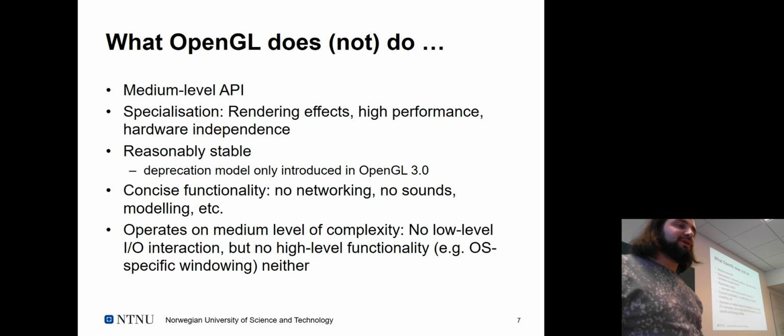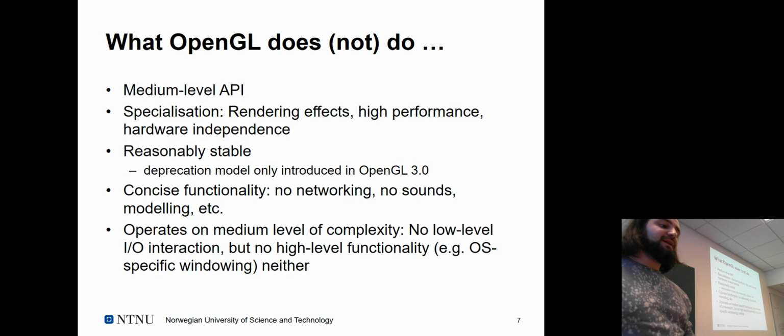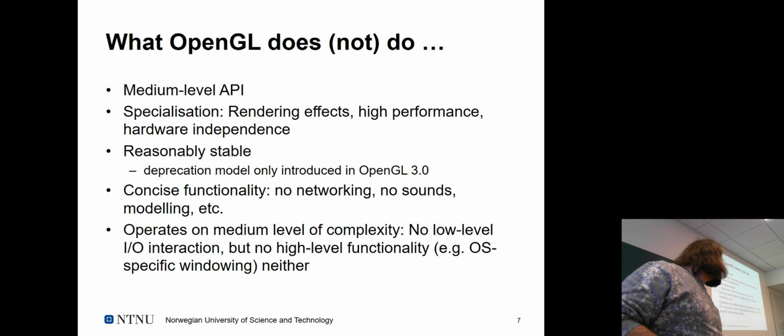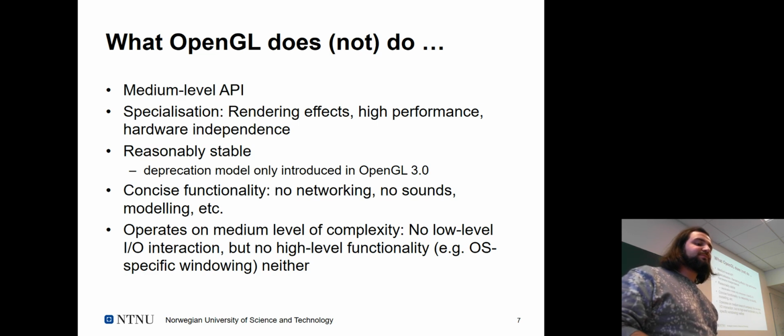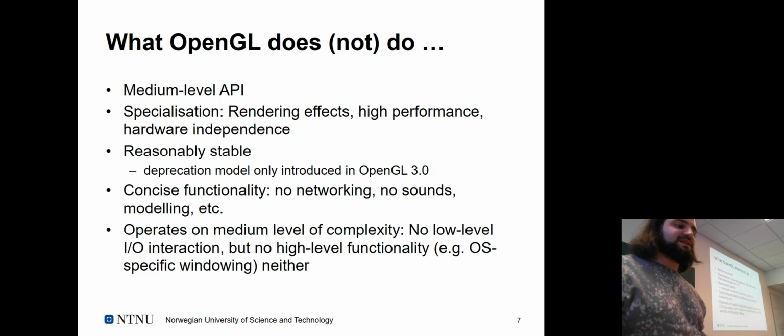It doesn't cover networking or sound effects, and as it's a medium-level API, it doesn't really deal with low-level input output interaction, and neither high-level functionality like windowing in specific operating systems. For windowing, as we have seen in the previous lab, we can use GLFW, for example, or other implementations. So it's not supported directly by OpenGL.